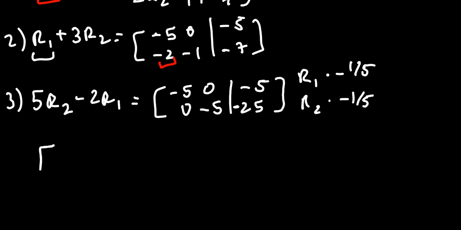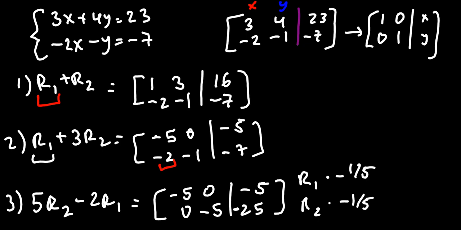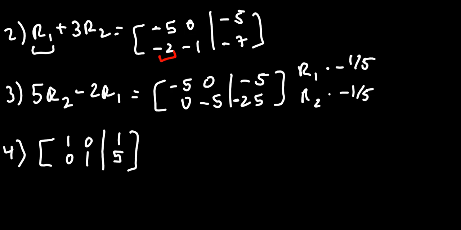Then we're going to be left with this matrix: 1, 0, 0, 1, and then we're going to have 1 and 5 over here. As said earlier, our solutions are going to be right here. So, x equals 1. Y equals 5. So the answer is 1, 5.